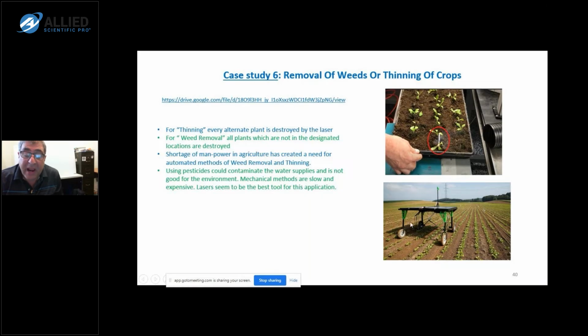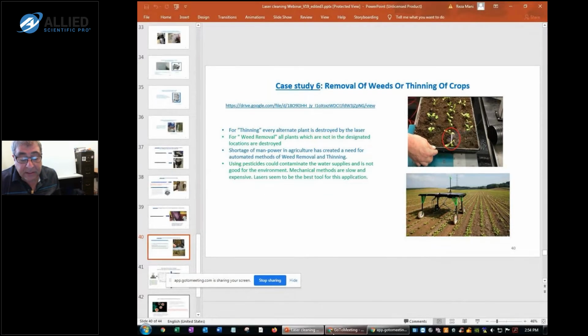Spraying chemicals would be dangerous for the environment and could contaminate water supplies. So you can basically shoot the meristem of these extra plants or weeds with laser. And we have done some testing on that. We have a customer in California that is interested in this.